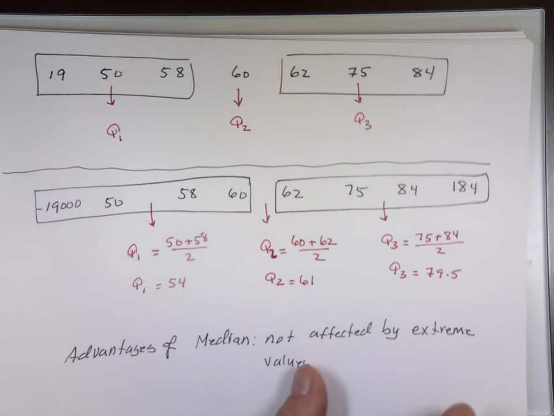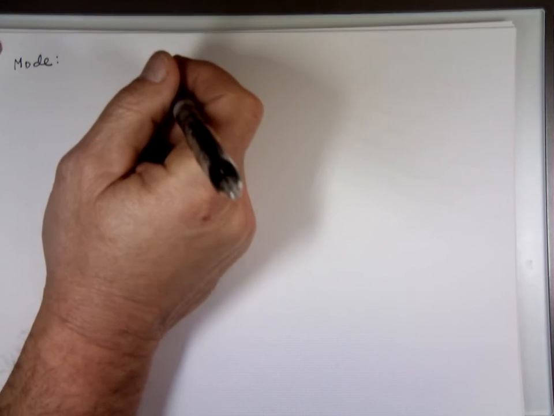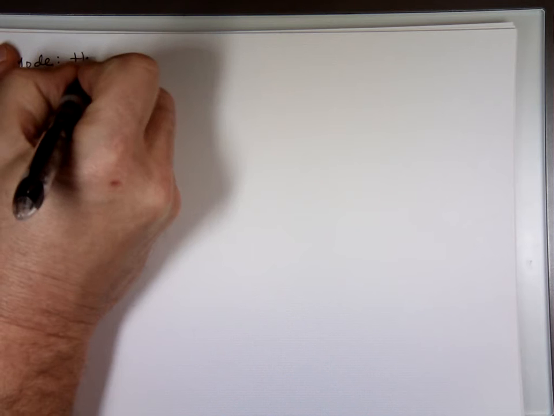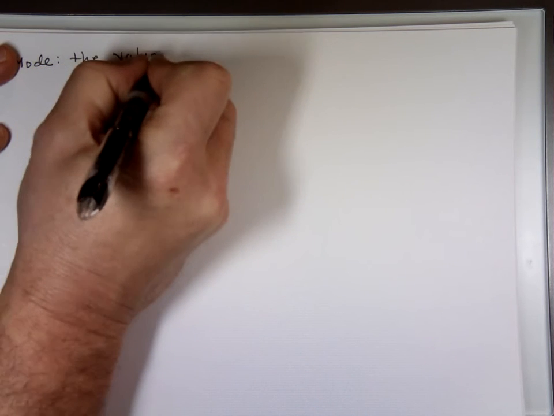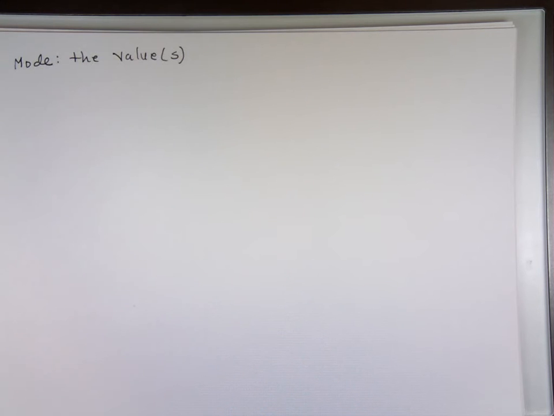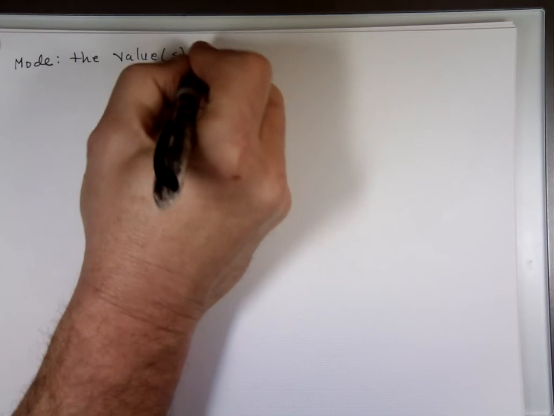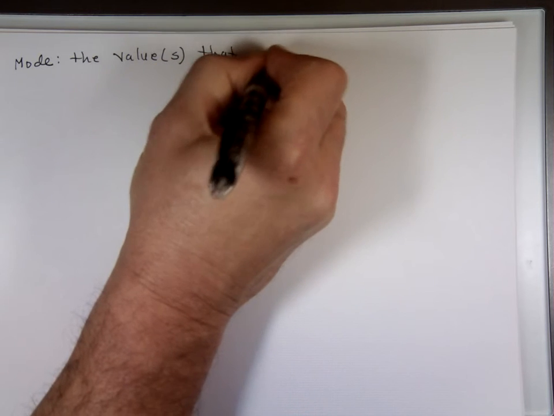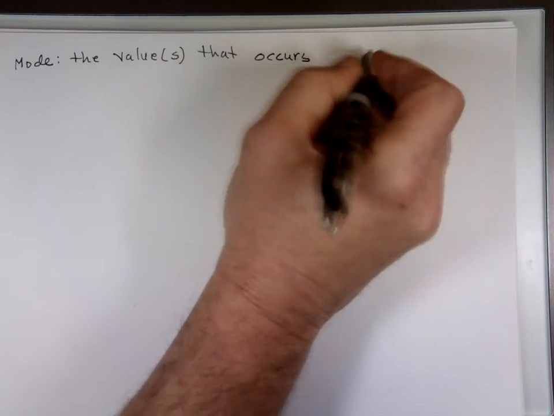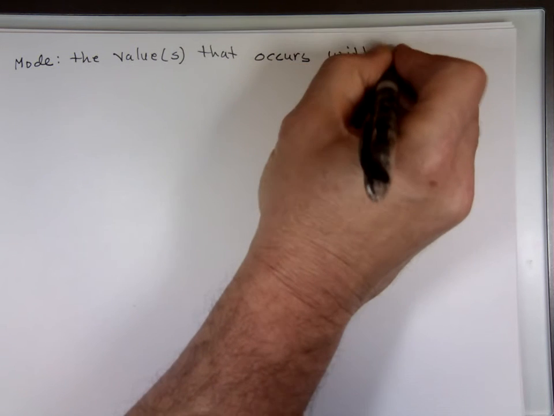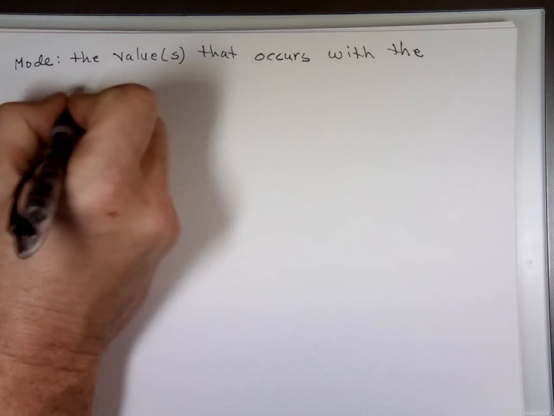The next one we're going to be looking at is called the mode. The mode is the value or values, you could have more than one value, I'll put (s), could be more than one, that occurs with the greatest frequency.